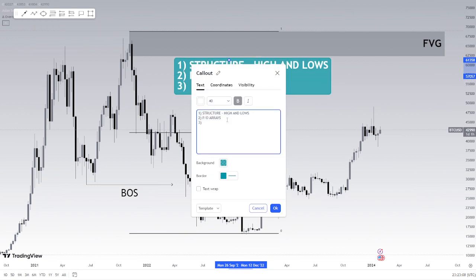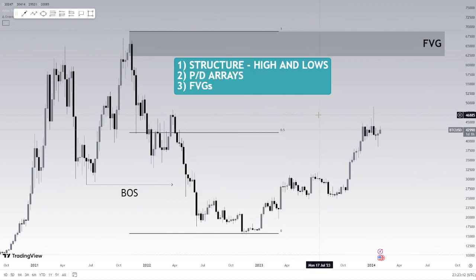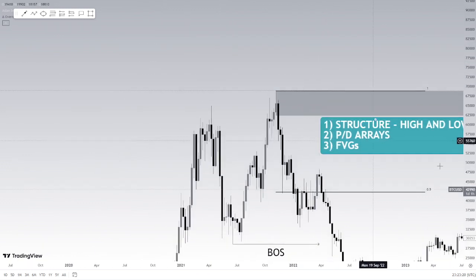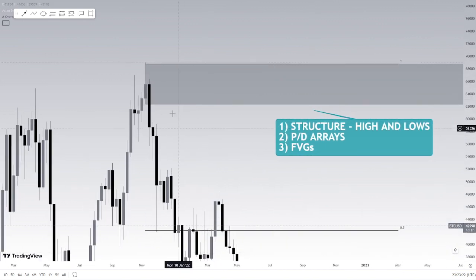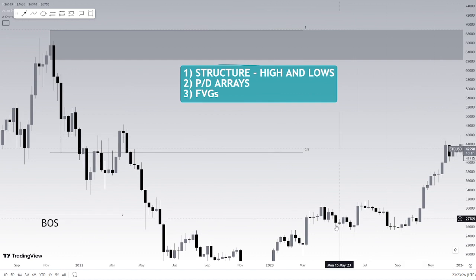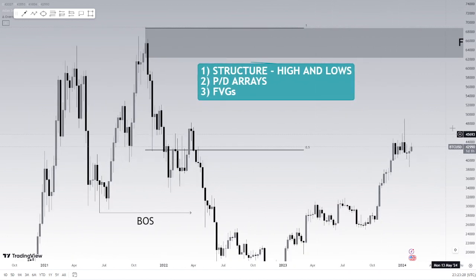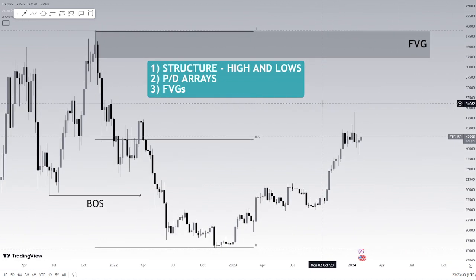The third thing we're looking at is fair value gaps. Where has price left a fair value gap, and therefore where are there inefficiencies in the market, right? We had an inefficiency all the way up here in price, and this is essentially what price will be gravitated towards. The reason price is gravitated towards that is because it's rebalancing orders. That's how the market works.